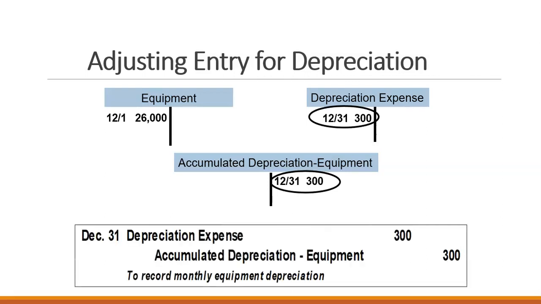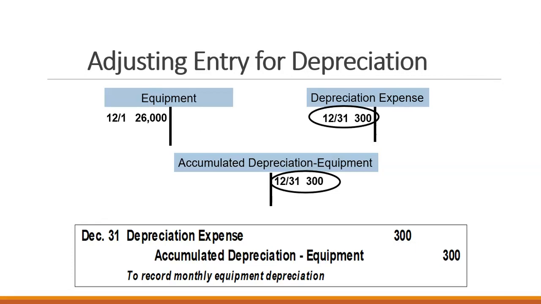Okay, so our adjusting entry, as I said, is a debit to depreciation expense and a credit to accumulated depreciation equipment. You see that this accumulated depreciation account is labeled equipment. That is because each account in your accounting record that is an asset that we're going to depreciate needs to have its own accumulated depreciation account.